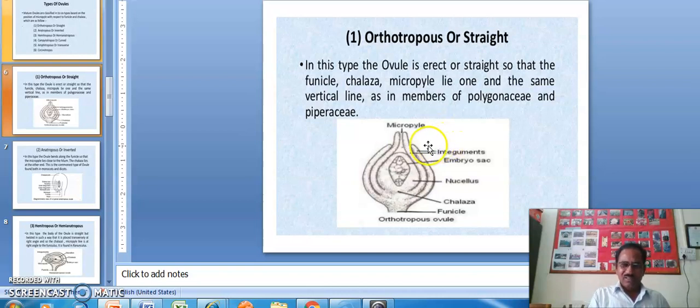This is the straight ovule or orthotropous ovule. This is micropyle, this is funicle, this is chalaza, then this is nucellus, this is embryo sac, and these are the integuments, outer integuments and inner integuments. This is the orthotropous ovule or straight ovule.